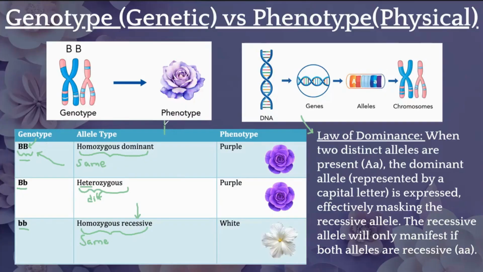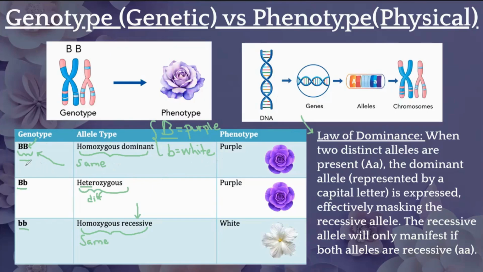So say we say a capital B equals the color purple, and we say a lowercase b represents white or clear. So in this case, if we have homozygous dominant, we have two capital letters, which in our legend here, we know that capital B equals purple.